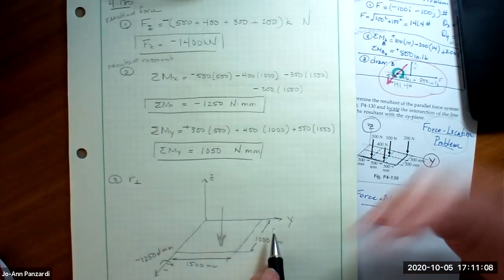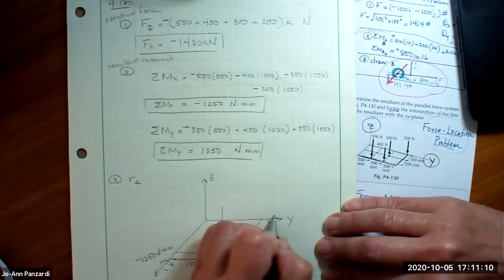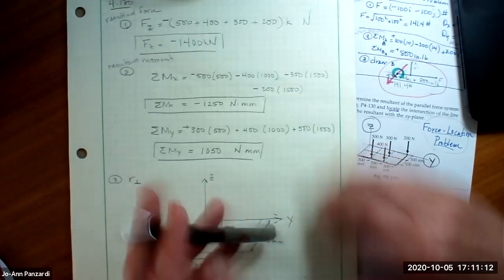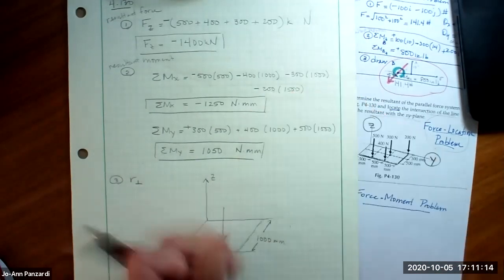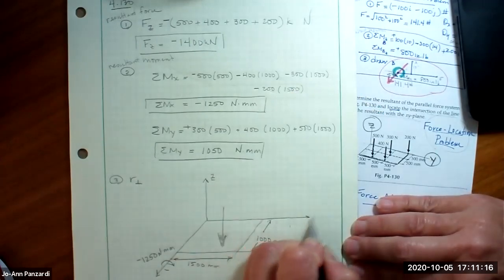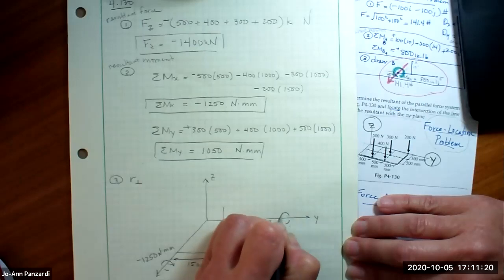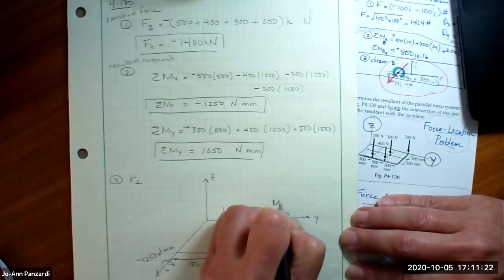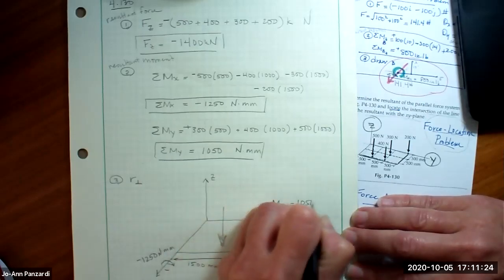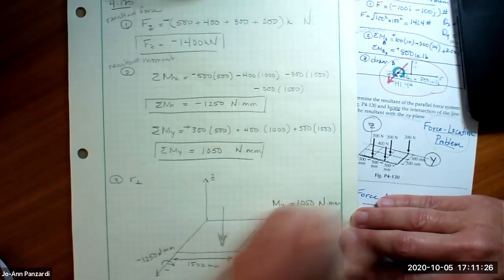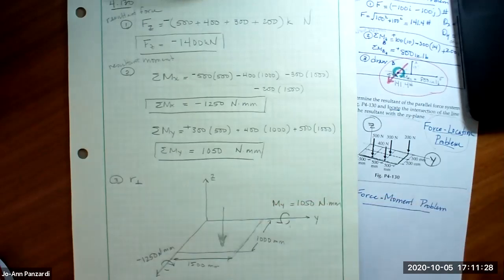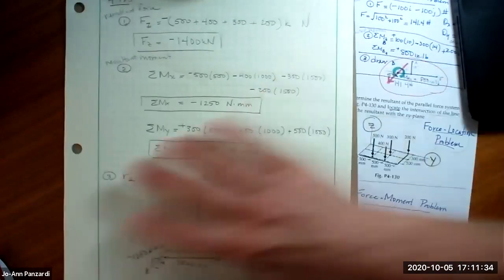And here in the y, it's creating a positive. Let's make this axis a little bit longer. It's creating a positive moment. The moment about the y is 1050 Newton millimeter, right? So did I draw that in the negative z? Wait, x.